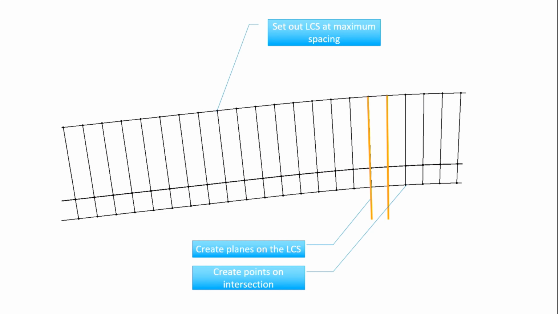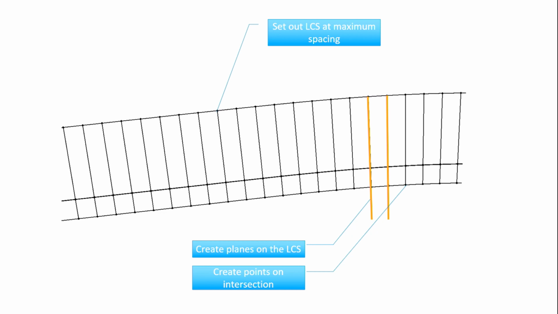This is the alignment in plan view. And as you can see on the right side, there is the curve. And that is where the maximum spacing has to occur. Because in the bottom side, it's getting tighter and tighter because all the cross beams are perpendicular to the alignment.